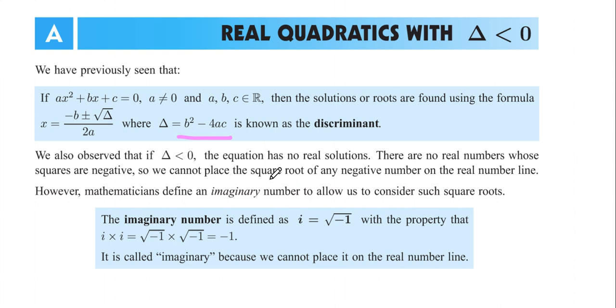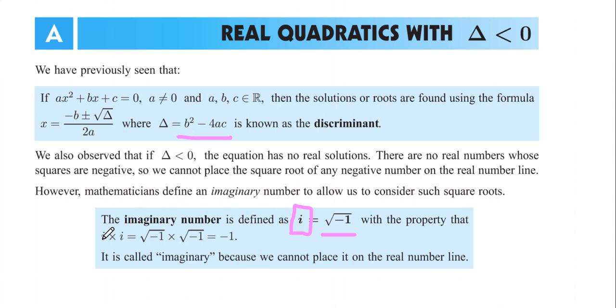So there's this imaginary number which is called iota, written as i, which is equal to under root minus 1, with the property that when you multiply iota into iota, you get under root minus 1 into under root minus 1, which equals minus 1.